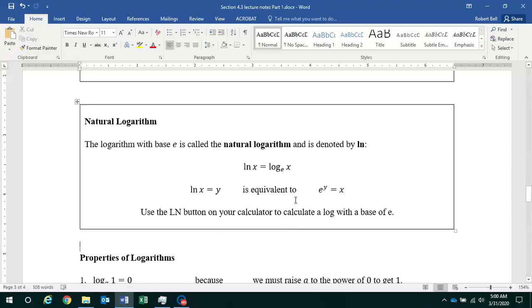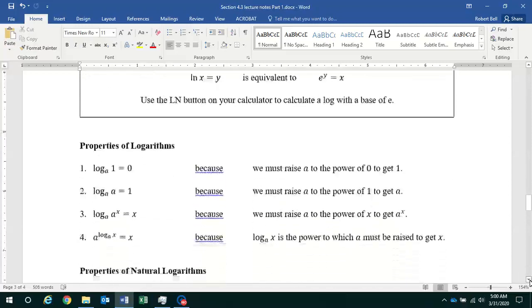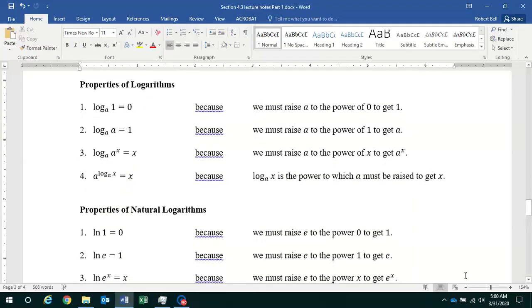So whenever you see ln, we're talking about log base e. And so if you ever have to do a calculation with the natural log function on your calculator, look for the capital ln.